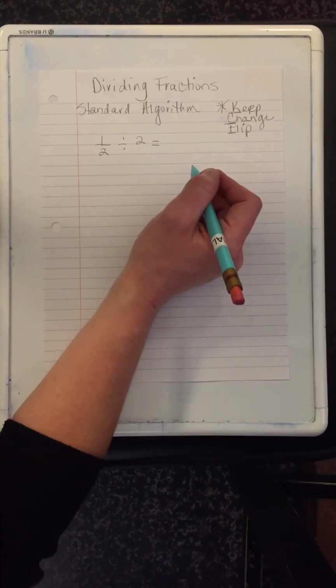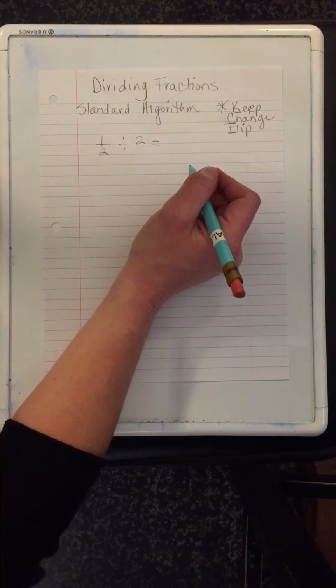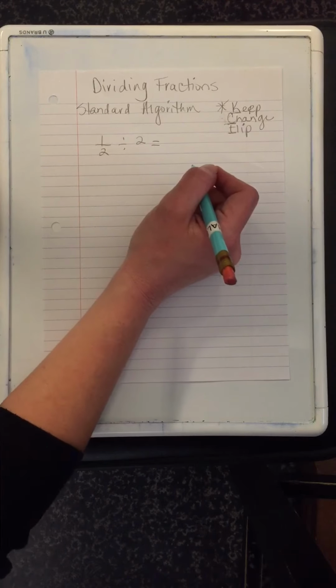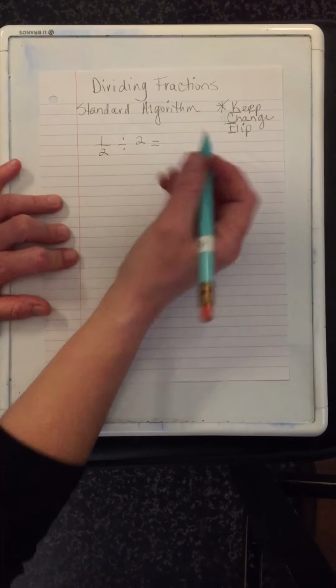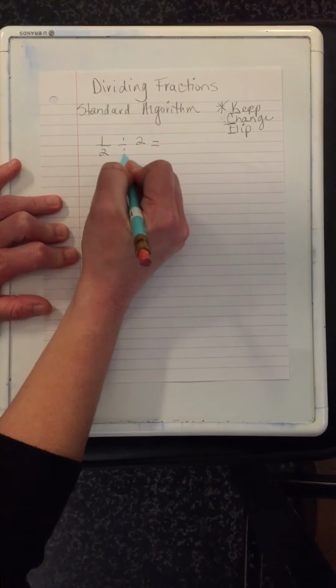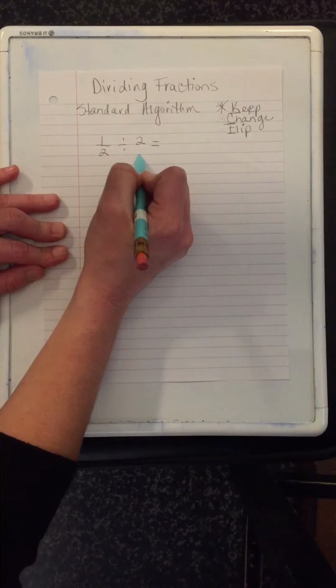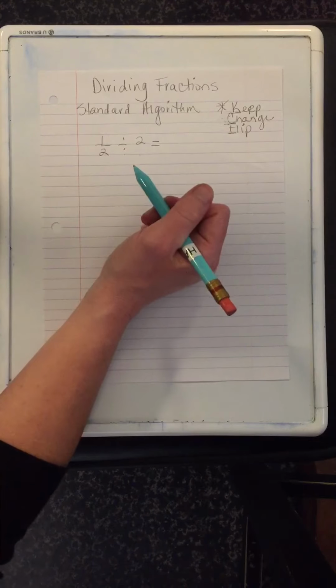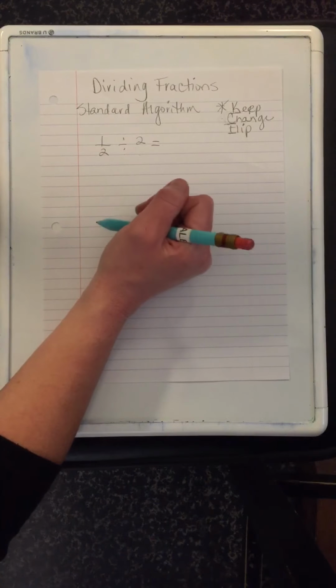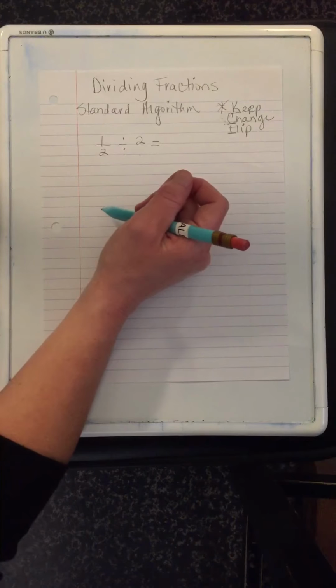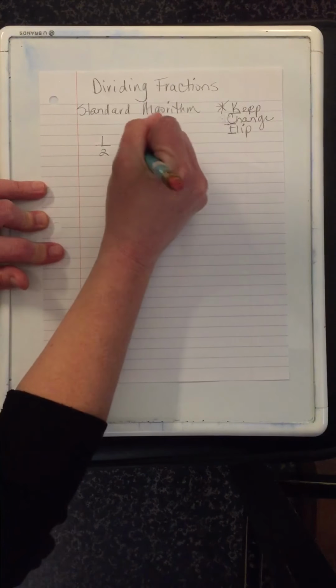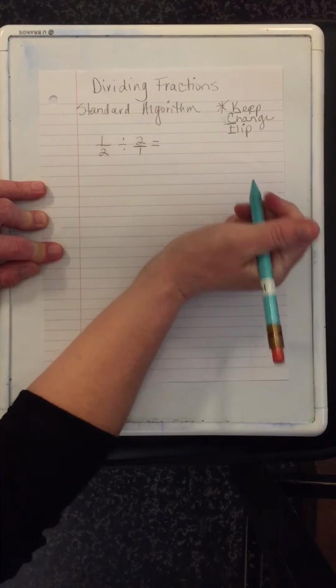If you don't, it is very confusing when you go to flip that second number, okay? Because you're gonna keep this number the same, you're gonna change this operation to multiplication, and you're gonna flip this number. Do you understand how to flip 2 as a whole number? Well, you can't see it clearly unless it is created into a fraction, okay?